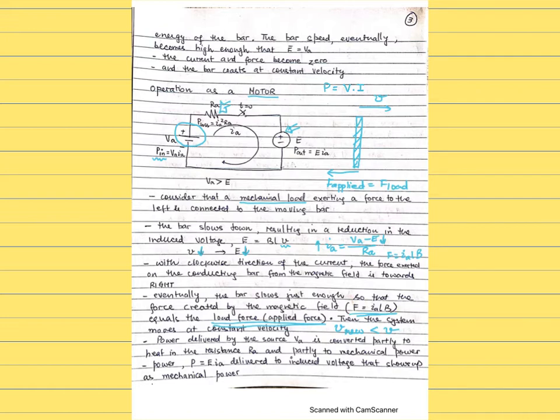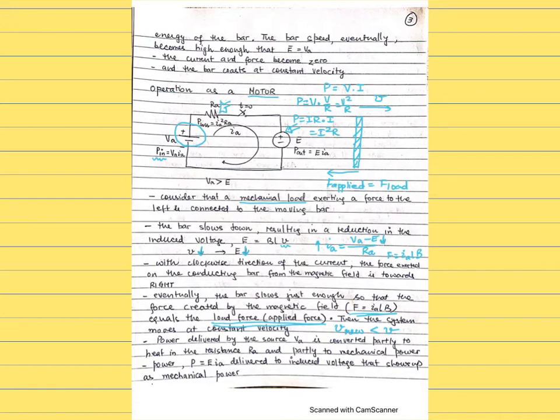For the loss in the resistor, using Ohm's law, power can be V squared over R, or IR times I, which gives I squared R. Since we know the current and the resistance, we use I squared R for the power consumed by the resistor. It's not useful power. It just dissipates the power as heat, so we call it power loss.